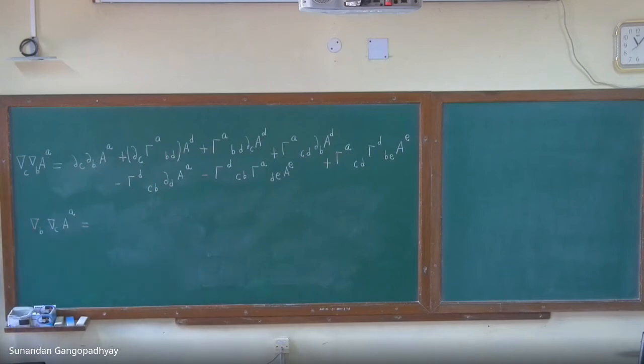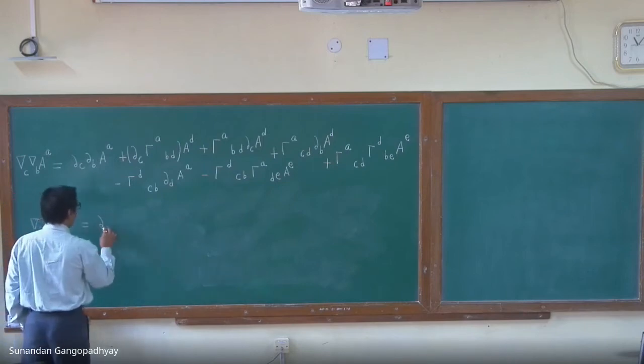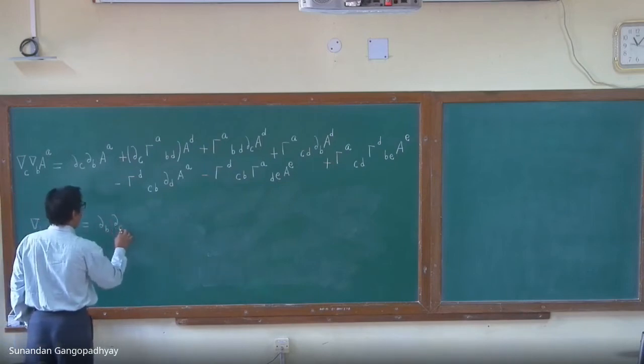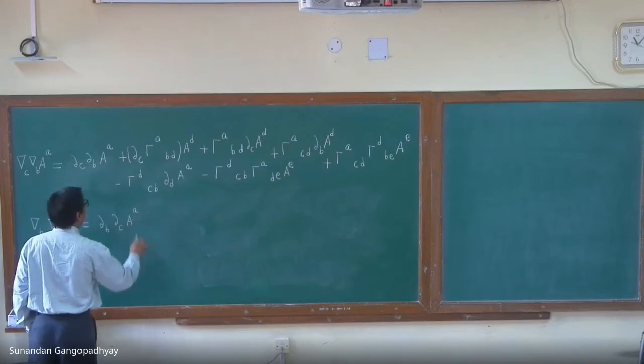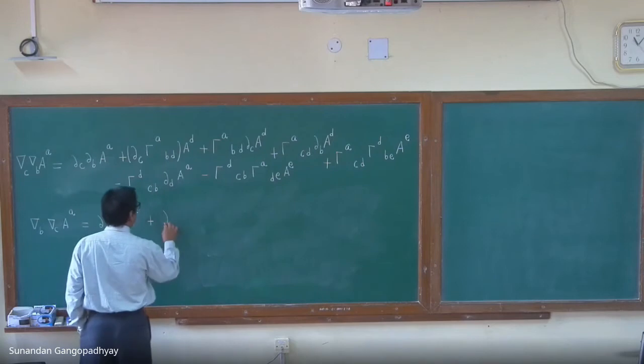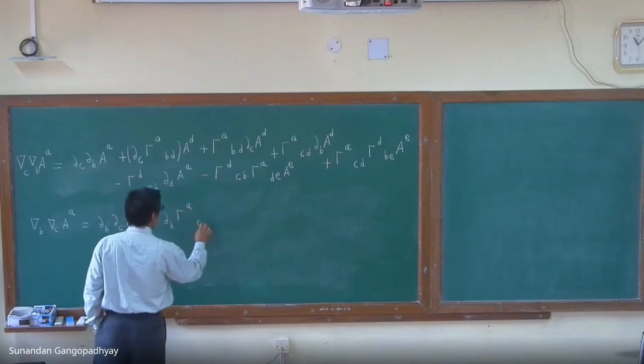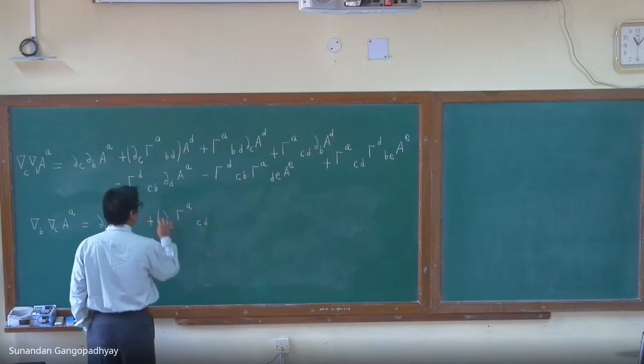So please write it down. We are just writing BC. In this we have to just replace C by B and B by C.